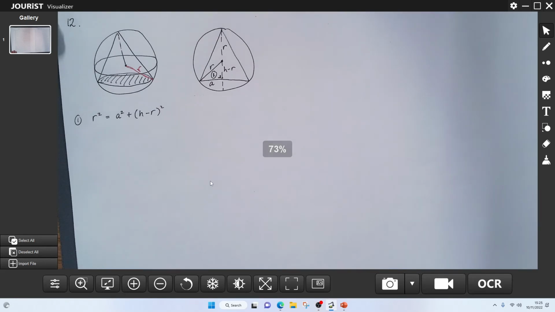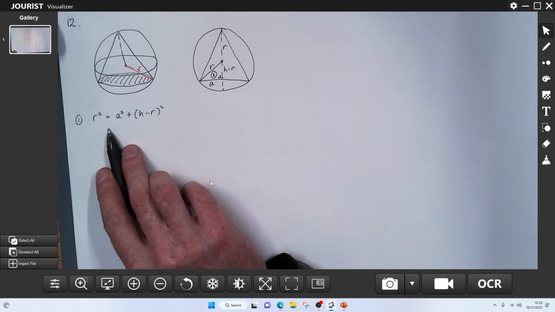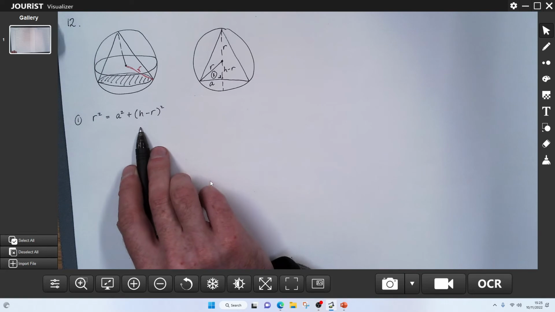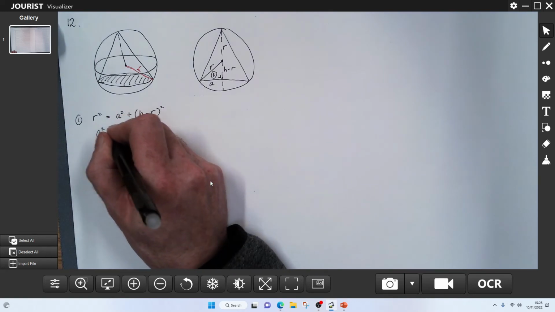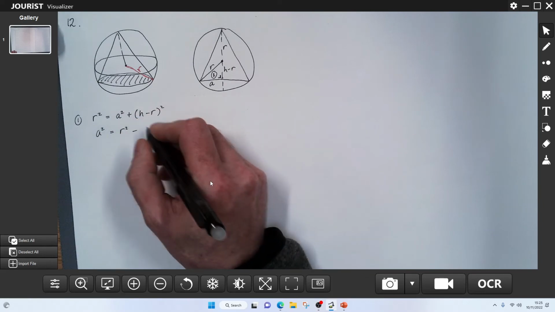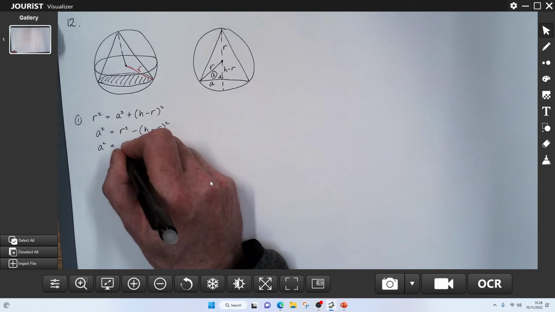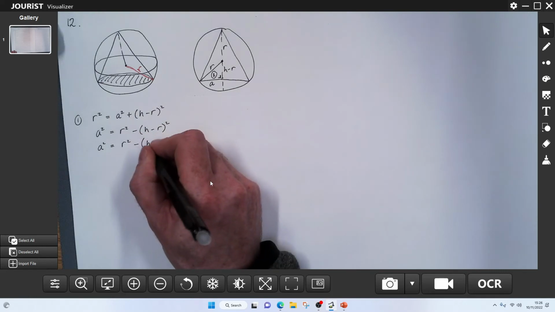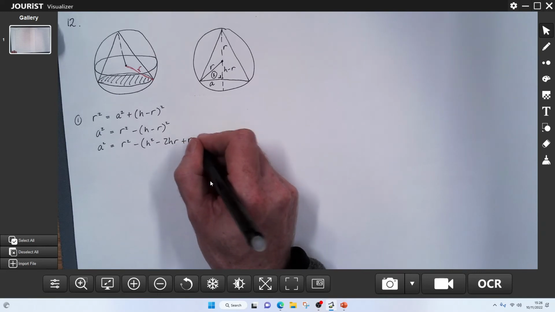Right, how can you use the a? Now, r raised to r squared plus a squared, so of course that in terms of a squared. Now a squared equals r squared minus (h minus r) squared. So a squared equals r squared minus h squared minus 2hr plus r squared.